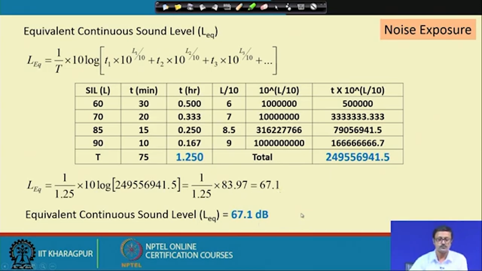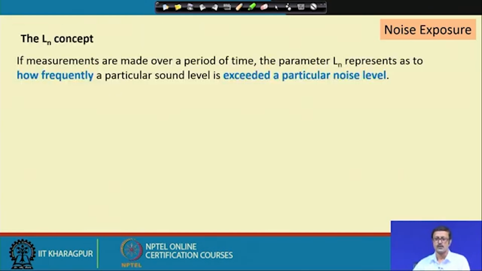That means if you are exposed to 60 dB sound level for 30 minutes, 70 dB for 20 minutes, 85 for 15 minutes, 90 for 10 minutes, it is almost like you are exposed for those 75 minutes to a sound environment equivalent to 67.1 dB. So, the noise exposure has been taken into account.